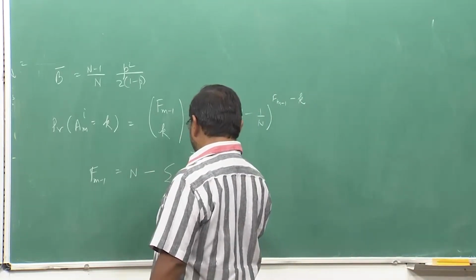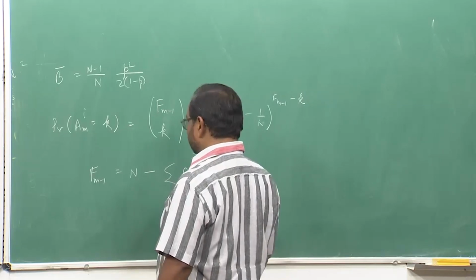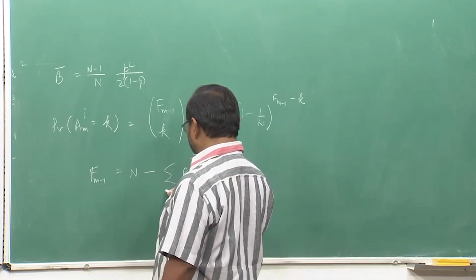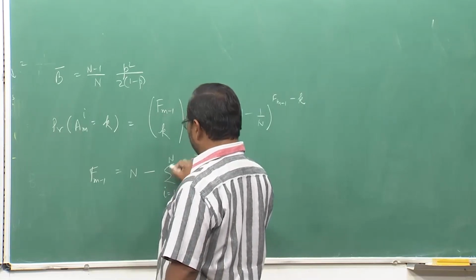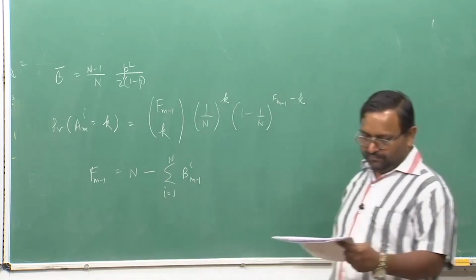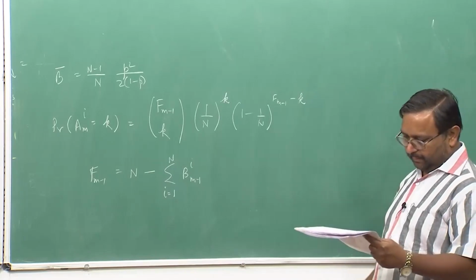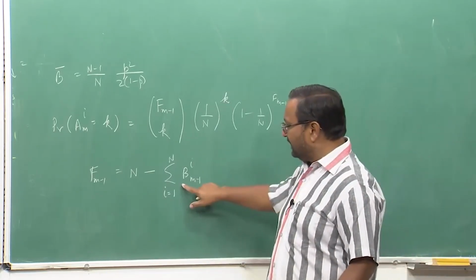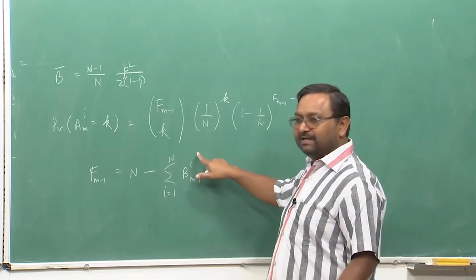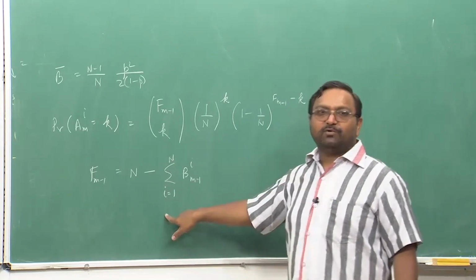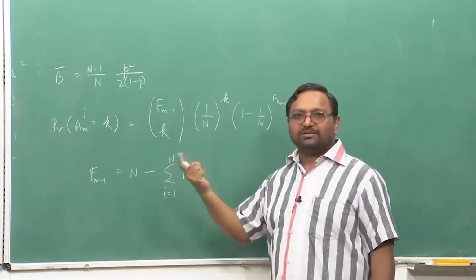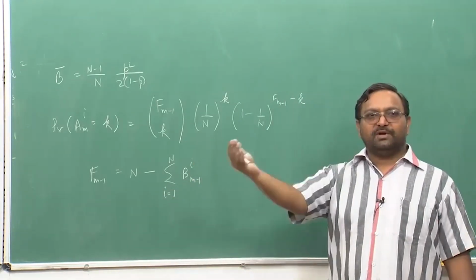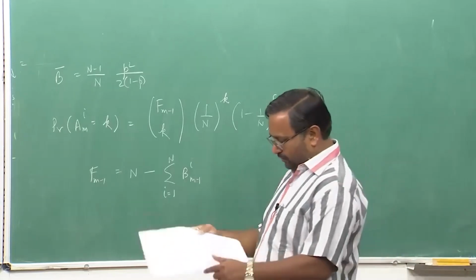So this should be n minus the sum of Bm minus 1 I, with I going from 1 to n. This is the sum of the packets which are blocked for an outgoing port I, summed over all possible outgoing ports. Whatever you remove from this, those many packets will be coming to the front of the queue.